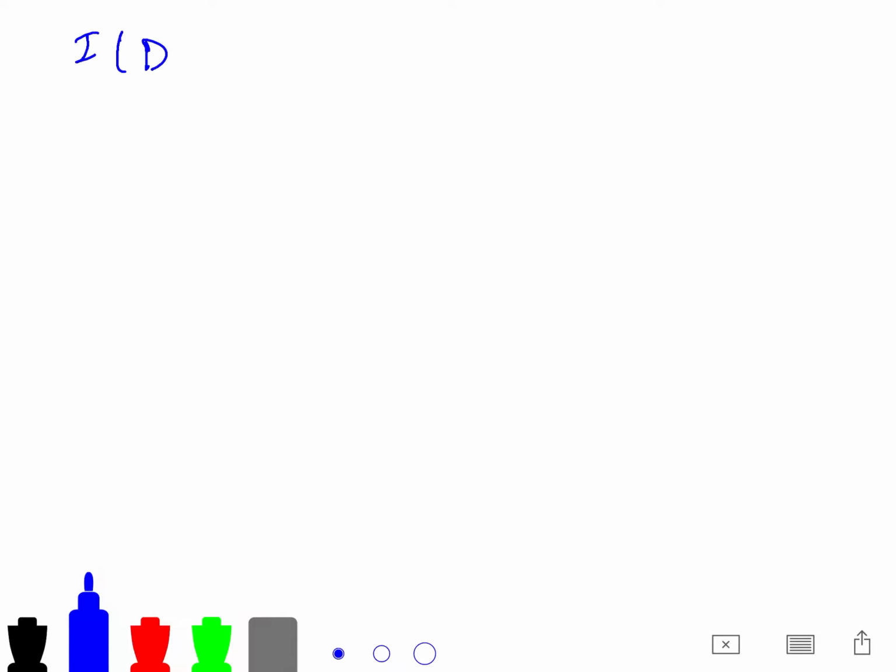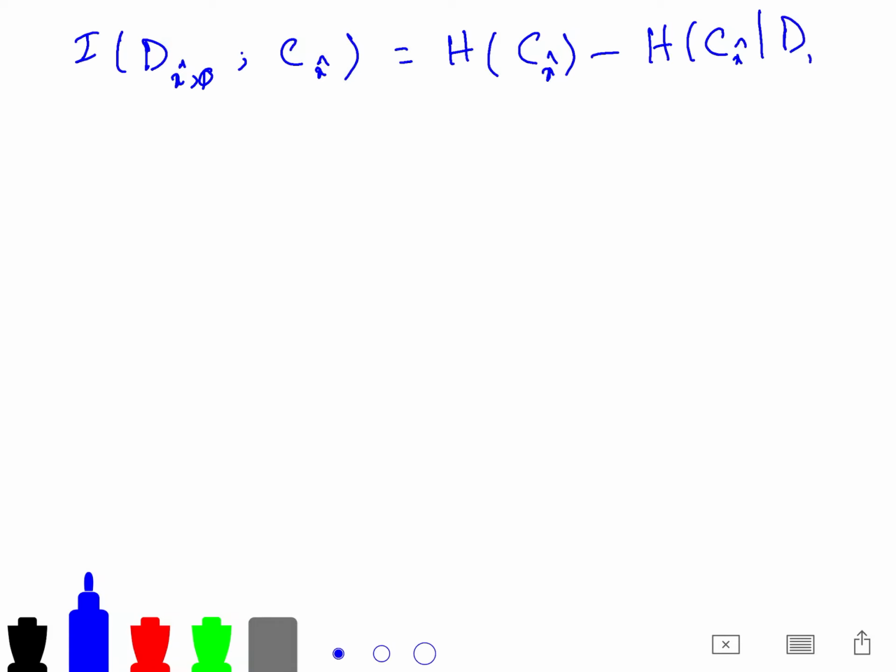So let's call it D instead of little d, x hat and phi, and C for the label, whether it is in plus or in minus. So C is just the label. So this is according to simple rules. This is the amount that has been reduced from your entropy, information entropy.